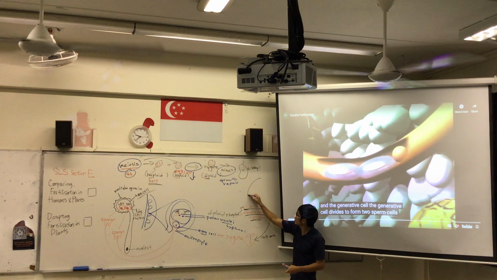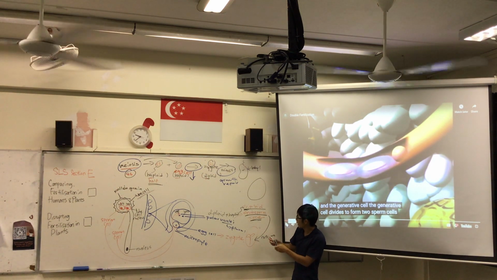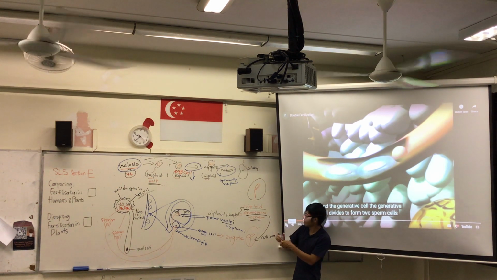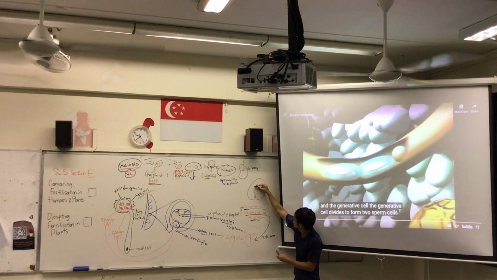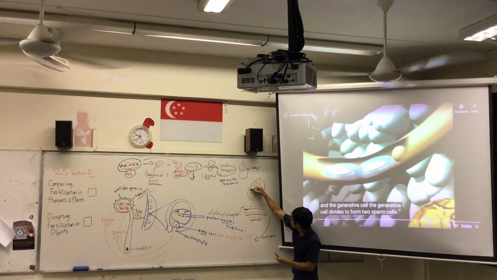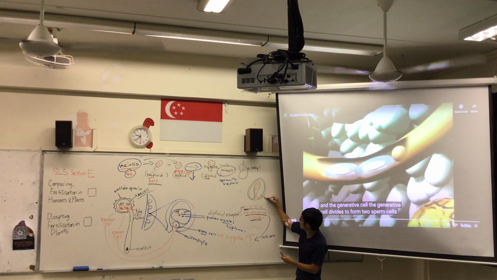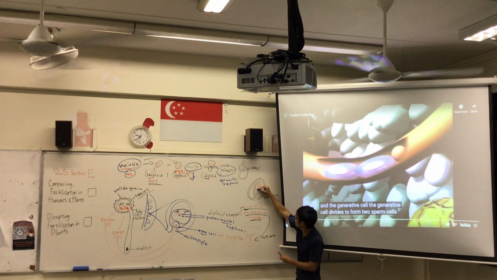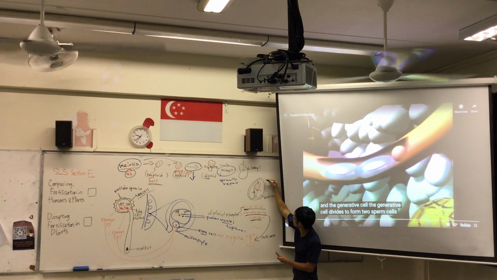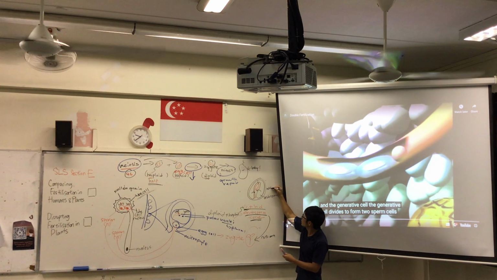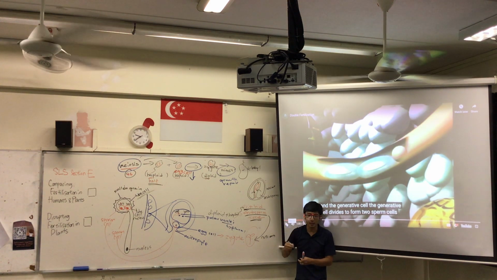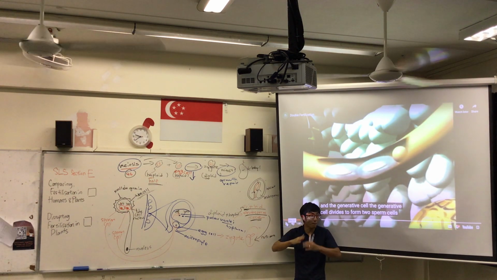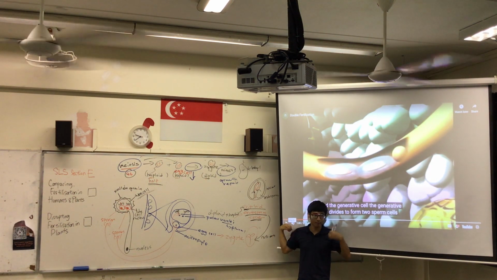Every seed comes with a baby plant that's just waiting to come out, and surrounding it is the endosperm. The endosperm provides lots and lots of nutrients so that the baby plant can last inside the seed, and gives it energy so that it can pop out of the seed as well.